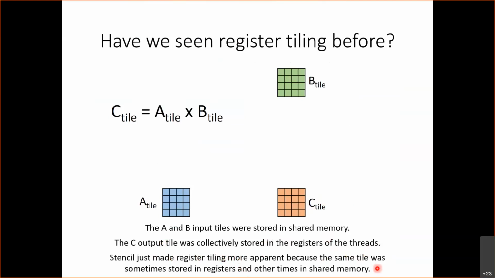And then when it becomes the current tile, we move it to shared memory. And then when it becomes the previous tile, we move it back to a register. This tile is moving back and forth between the registers and the shared memory. This has really emphasized the importance of register tiling as an optimization, as well as a way to save on shared memory.